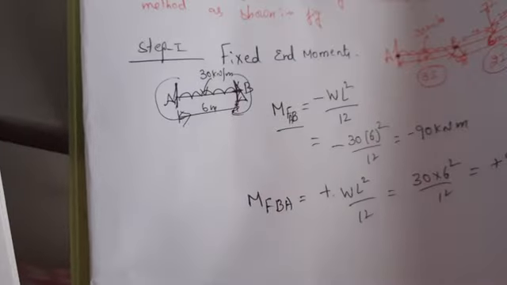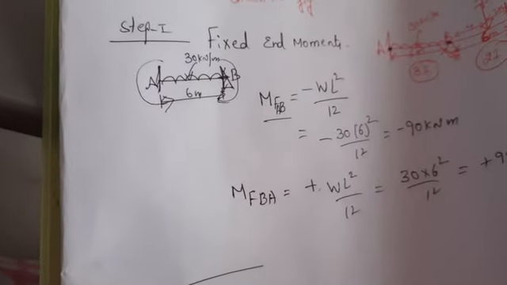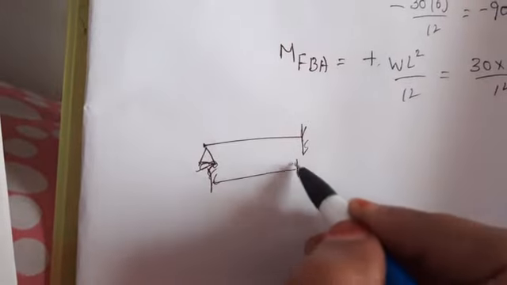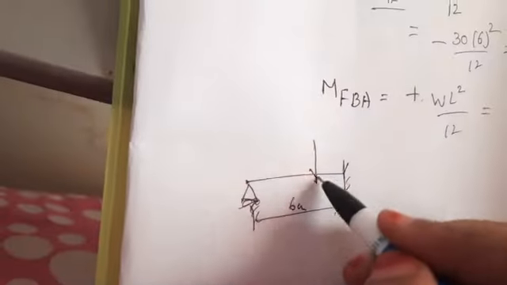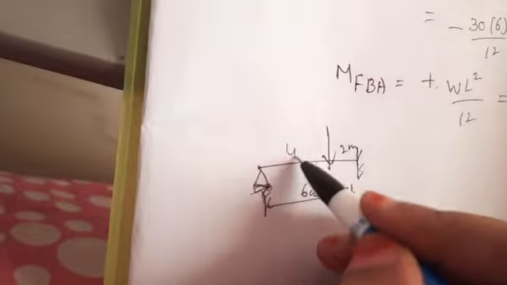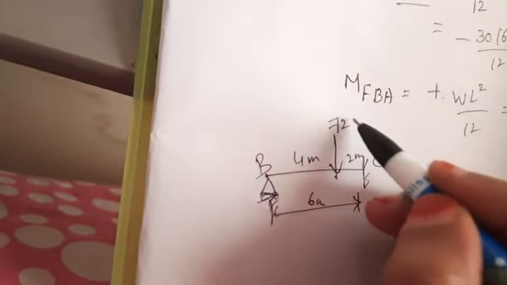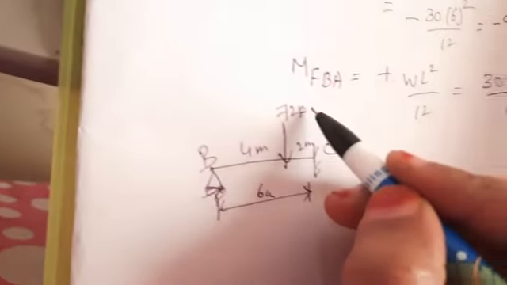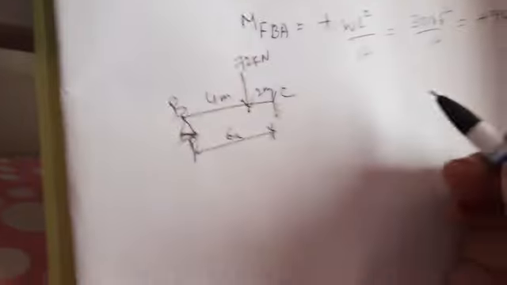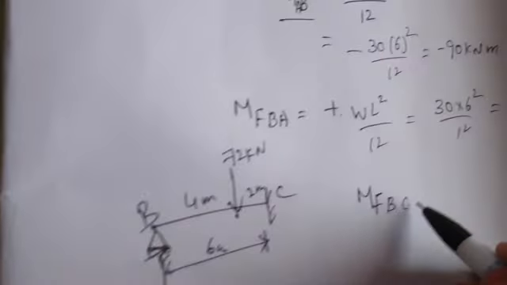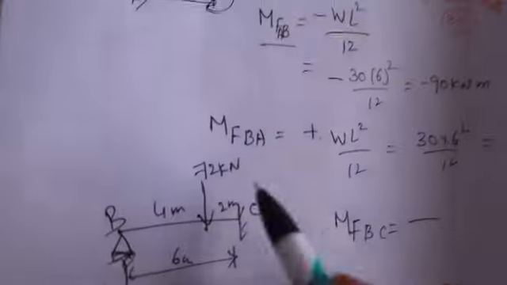Next we have to calculate for the BC beam. For BC, the total distance is 6 meters. But here you can observe that there is a point load of 72 kilonewton acting at 2 meters from C. Now we have to calculate MFBC equals minus; this one is the eccentric point load.